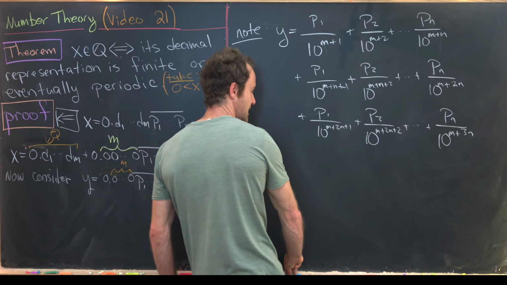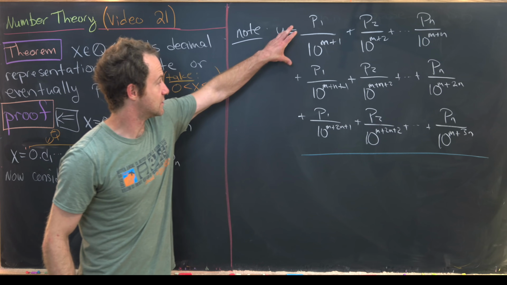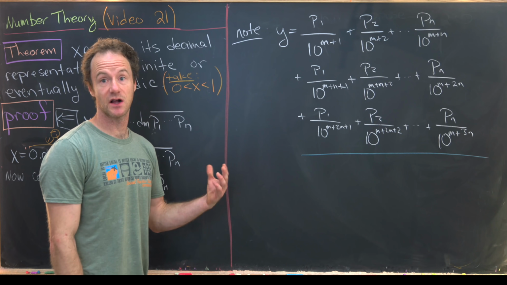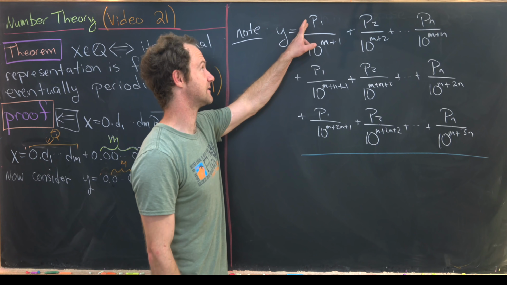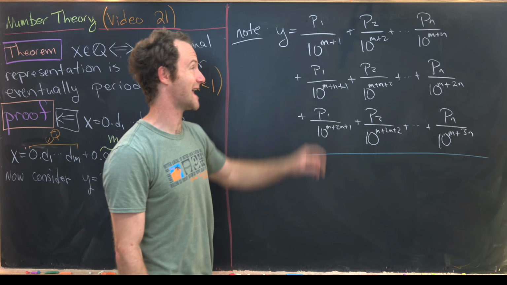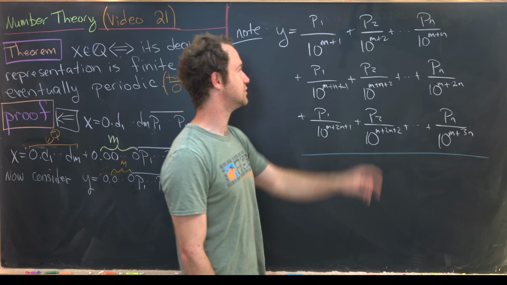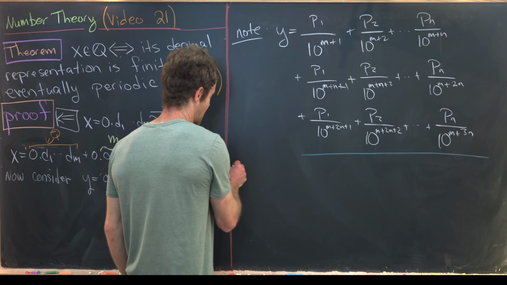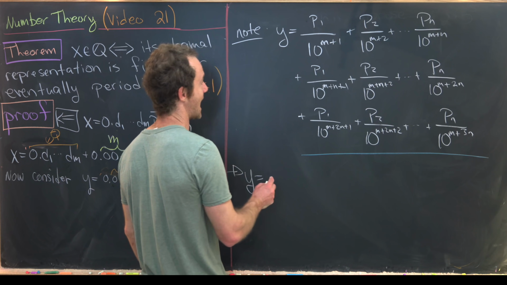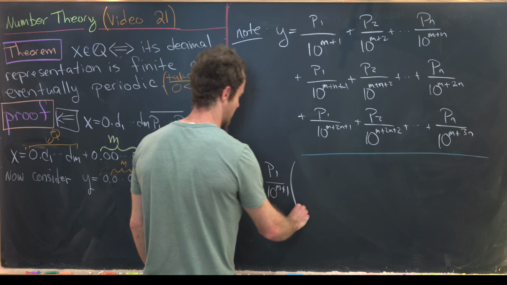So what I'll do from here is just sum each of these columns. So notice each of these columns has a common factor that can be factored out. And that common factor in the case of the first column is p1 over 10 to the m plus 1. In this second column, it's p2 over 10 to the m plus 2, and then so on and so forth. So that means I can write my y as p1 over 10 to the m plus 1.